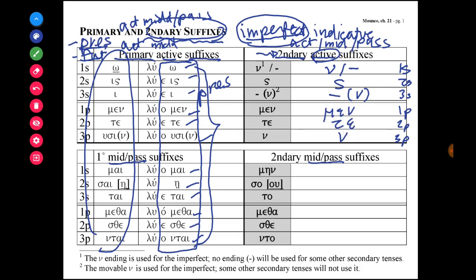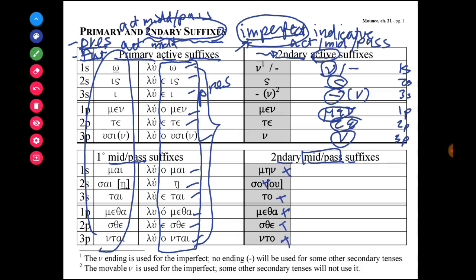Or to make it simpler, you can simply say nu, s, nothing, men, te, nu. Those are the suffixes that we use for tenses like the imperfect. And for the middle passive suffixes that are secondary, we're using men, so, to, metha, sthe, nto. Men, so, to, metha, sthe, nto.